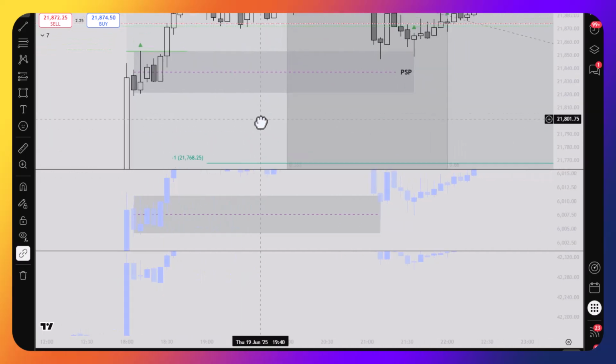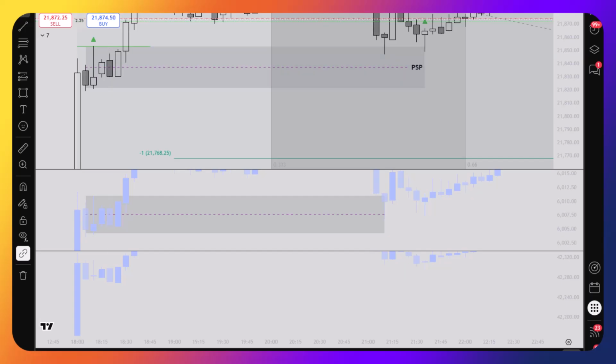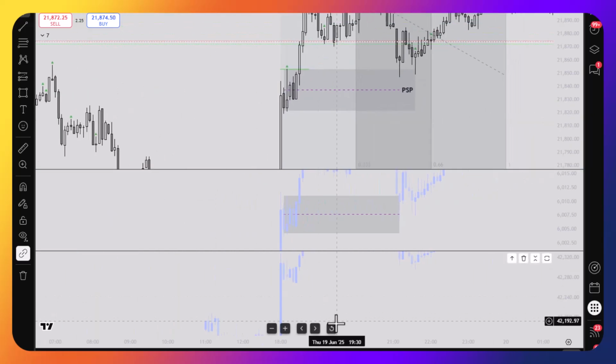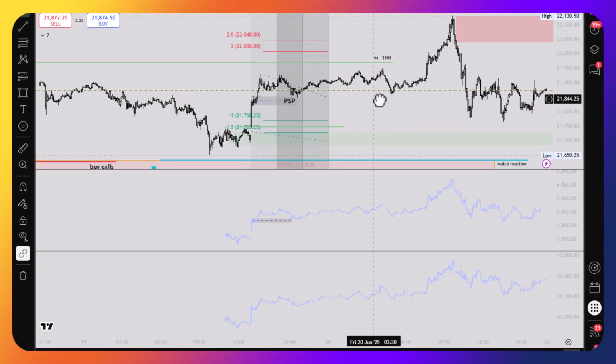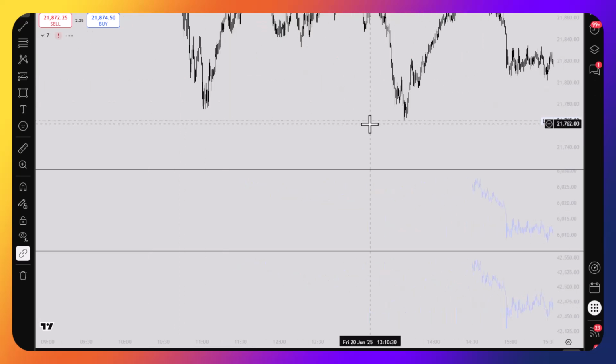Potentially, what you can do is go into a smaller time frame. If I zoom out here and come back to this PSP candle, let's go on a 30-second chart.